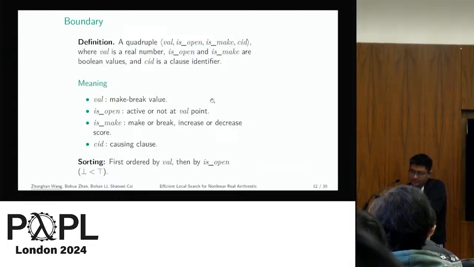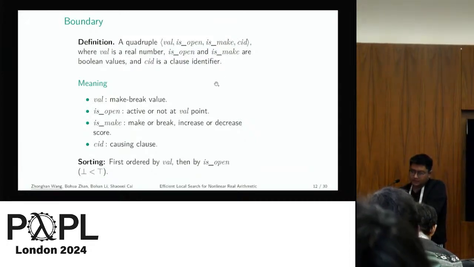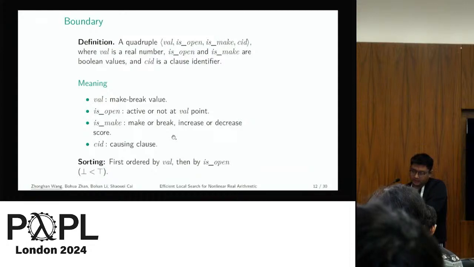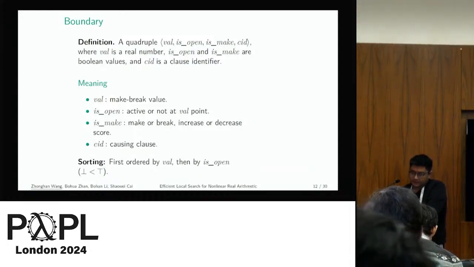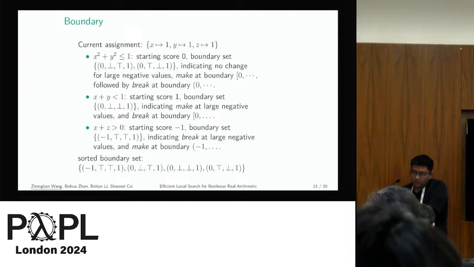It means that we increase or decrease the score, and also increase or decrease the number of unset clauses. The last one is CID, a causing clause, which is the clause that causes the interval the variable assigns. Finally, we sort the boundaries from the leftmost to the rightmost, ordered by the value. And if the values are the same, we order by the is-open Boolean variable.